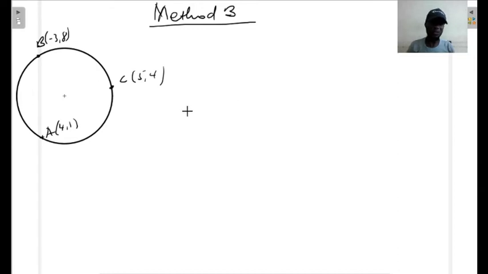So if you join these 3 points to form a triangle, I just put them arbitrarily on the circle without any precision. I just put my ABC on the circle without any precision. So I'm going to join them quickly.